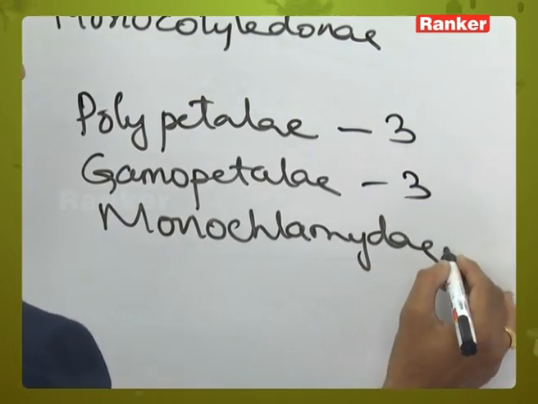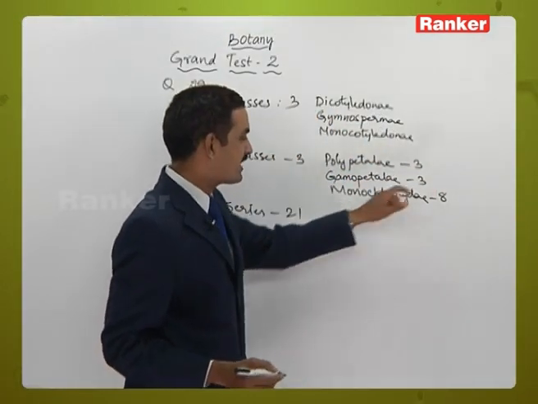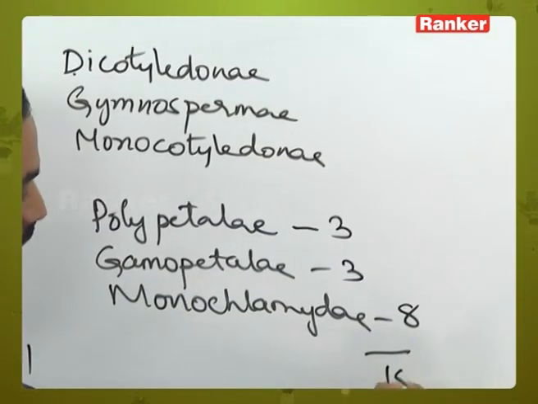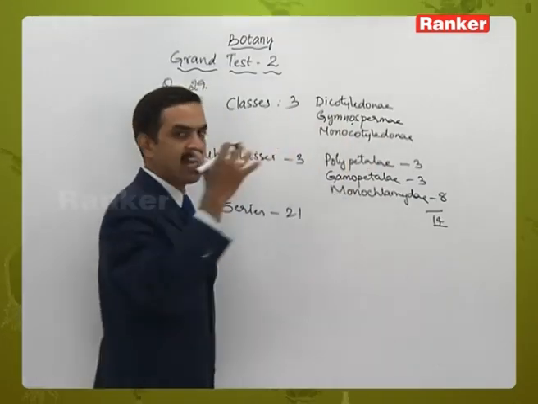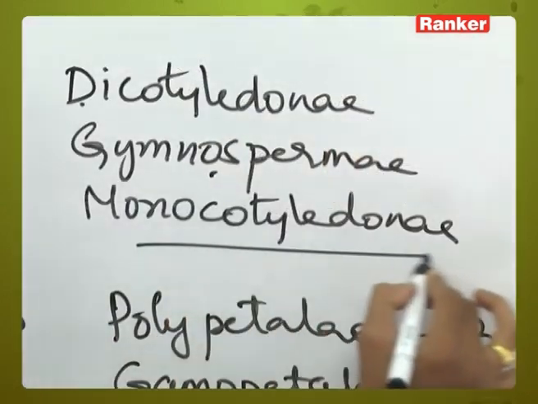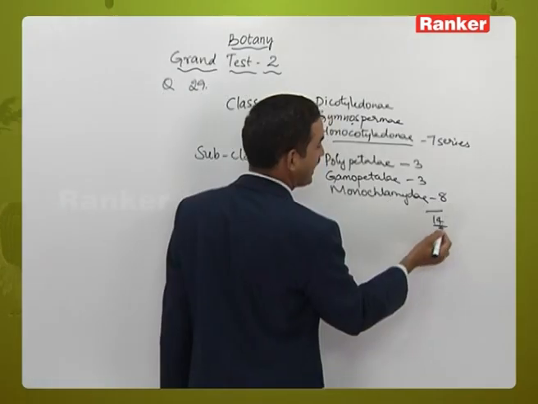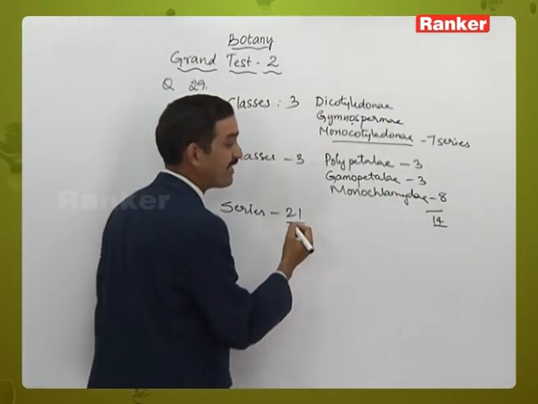And under Monochlamydeae it is 8. So under dicots the total number of series is 14. Gymnospermae has no series, so forget about it. Monocotyledonae has 7 series. So 14 plus 7 comes to 21.